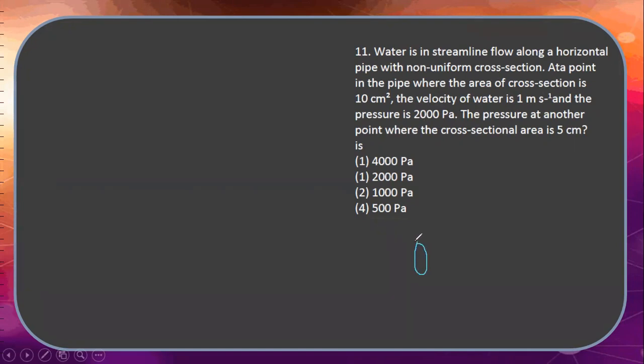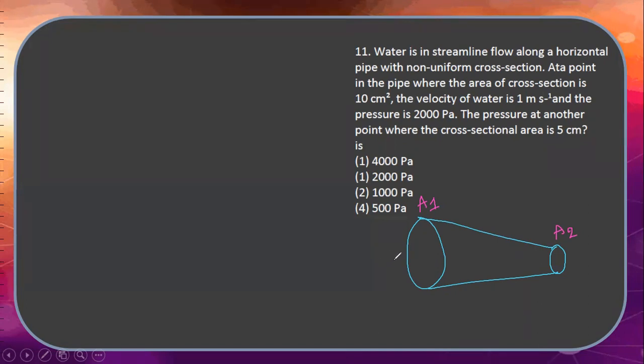So first one is the larger area of cross section, 10 centimeters square, and the other one is the smaller area of cross section. The area of cross section at the first end is A1 and the other is A2.